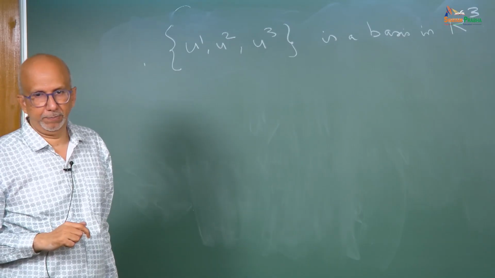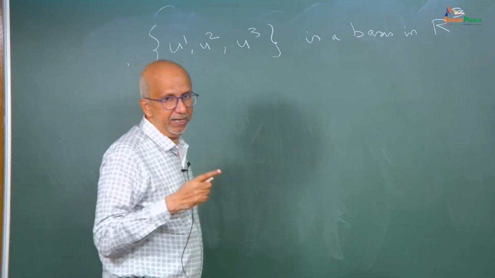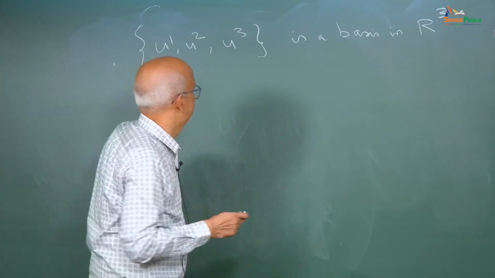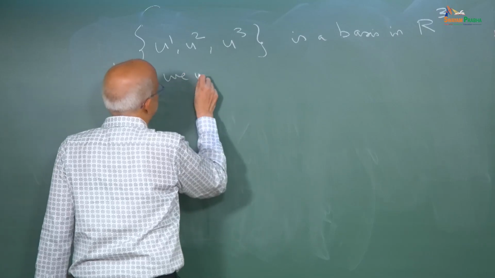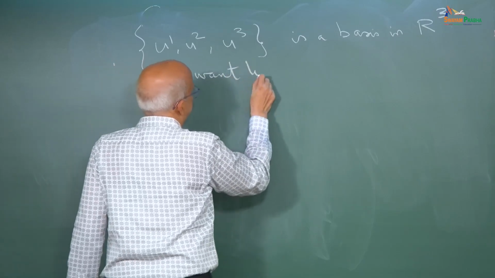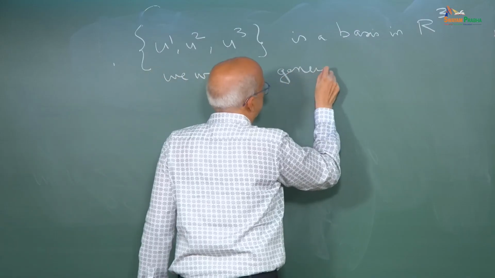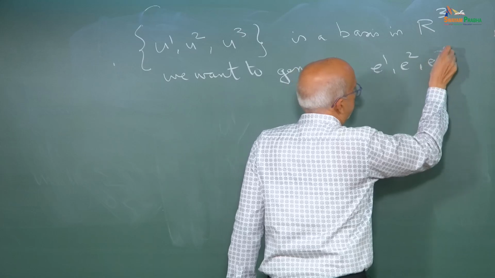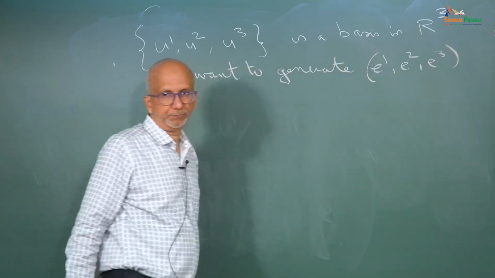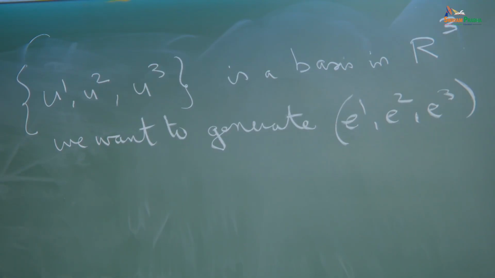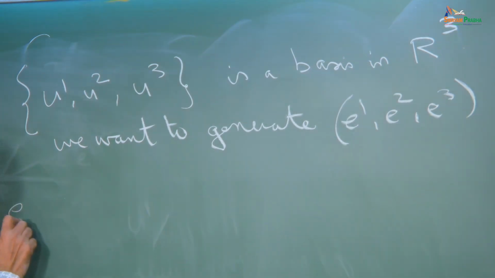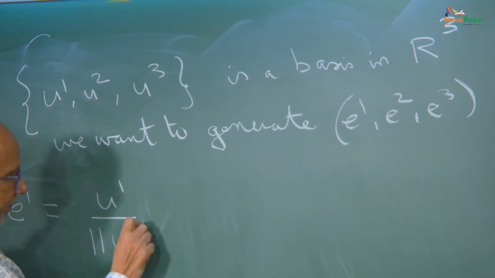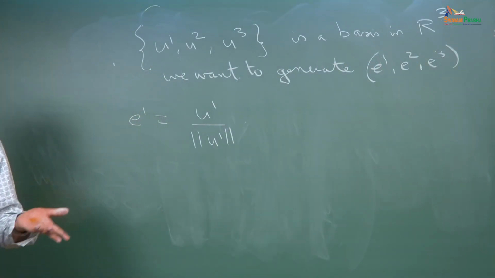Then I want to generate E1, E2, E3, three mutually perpendicular vectors. So, E1 will be U1 divided by the norm of U1. So that is your first one.